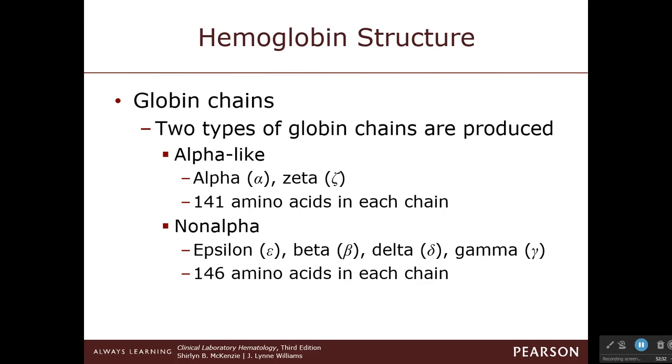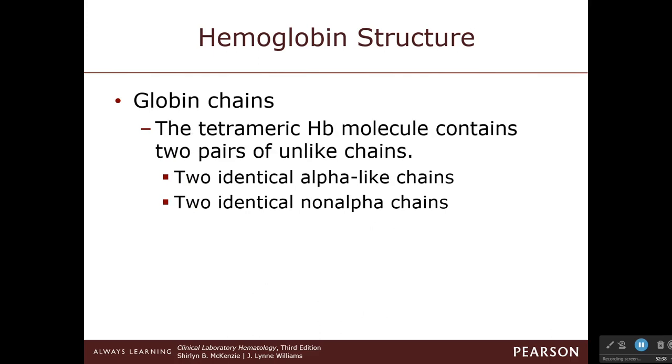So let's talk about heme first. Heme in general: 2 identical alpha-like, 2 identical non-alpha. So every type of hemoglobin, no matter what it is, whether at the fetal embryonic stage or as an adult, you're going to have 2 alpha-like and 2 non-alpha, no matter what they are.